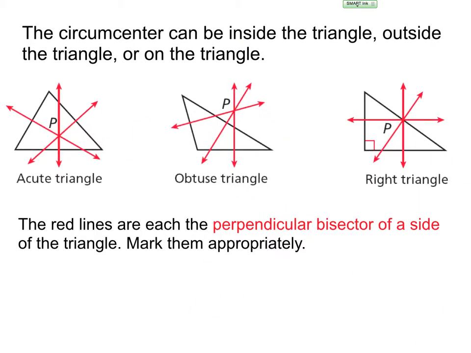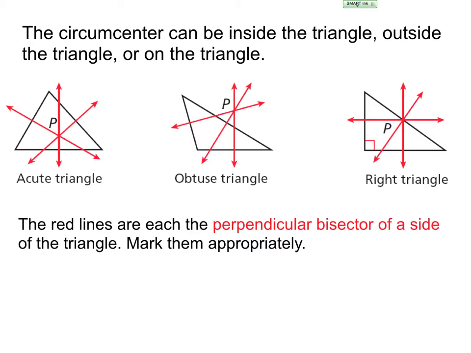Your first triangle, all the perpendicular bisectors should meet inside the triangle. Now your second one, they actually end up outside the triangle. So if you don't have yours connecting, you might tip them a little bit more. You probably aren't getting your right angle very good. That one is outside the triangle. And on the right triangle, it ends up being right on the hypotenuse.